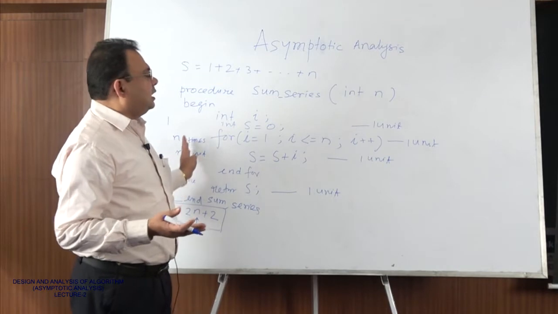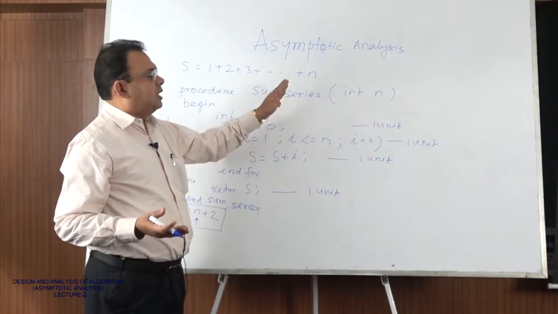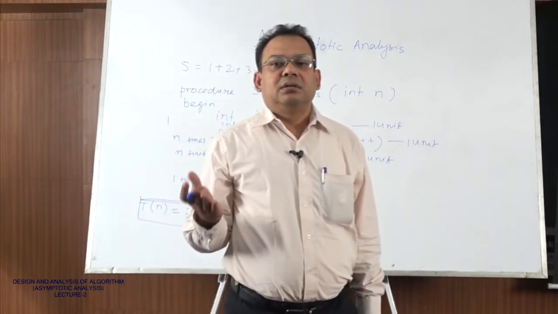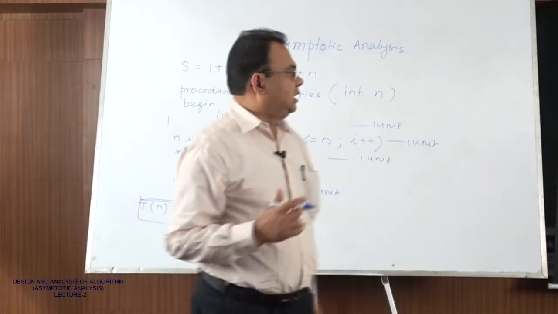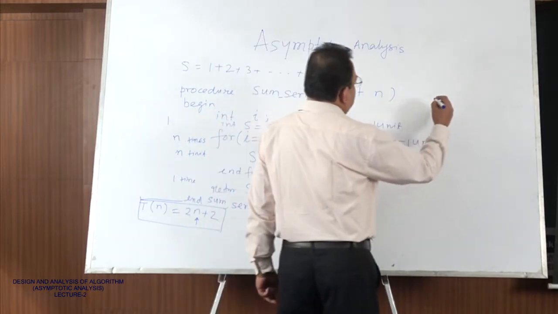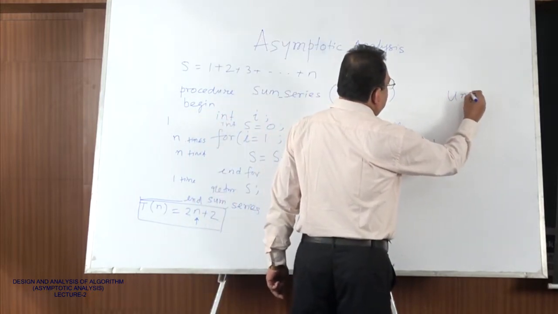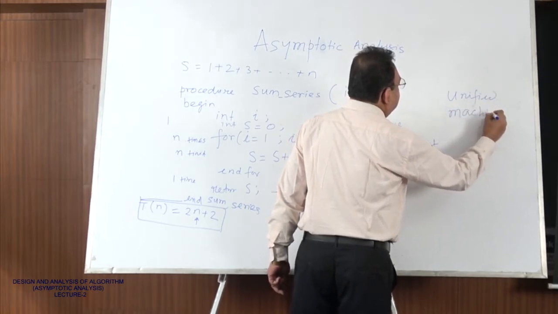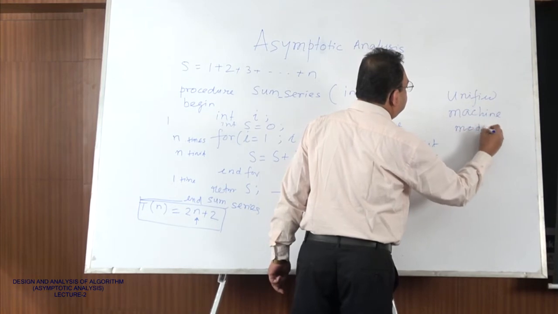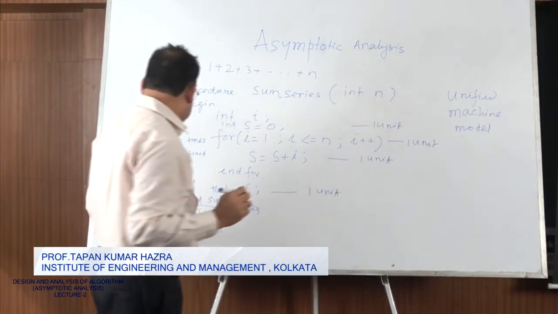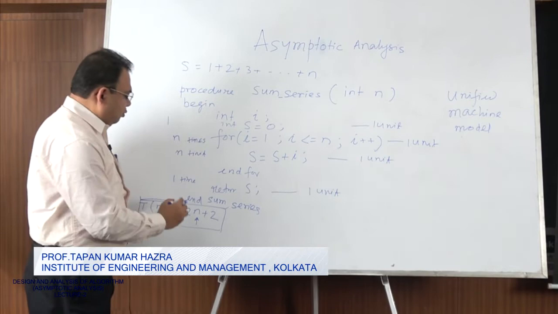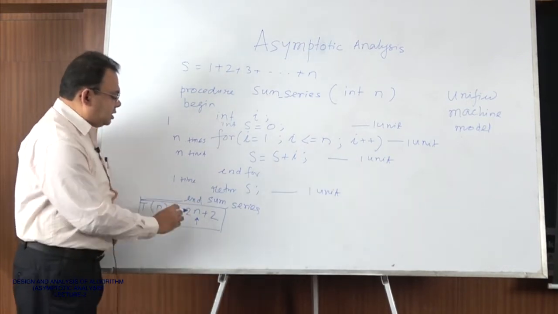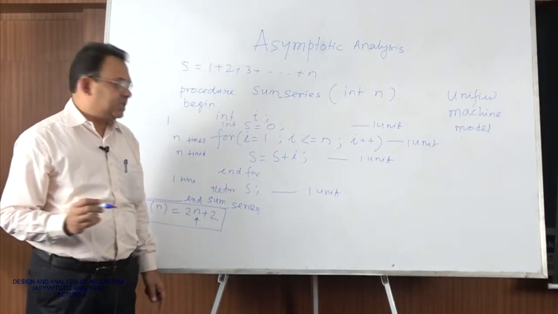So to compare the efficiency of algorithms, we assume that all platforms and computers are uniform, and this model is known as the unified machine model. In this case we are not interested in the absolute value of this unit; we are interested in counting the number of basic steps.